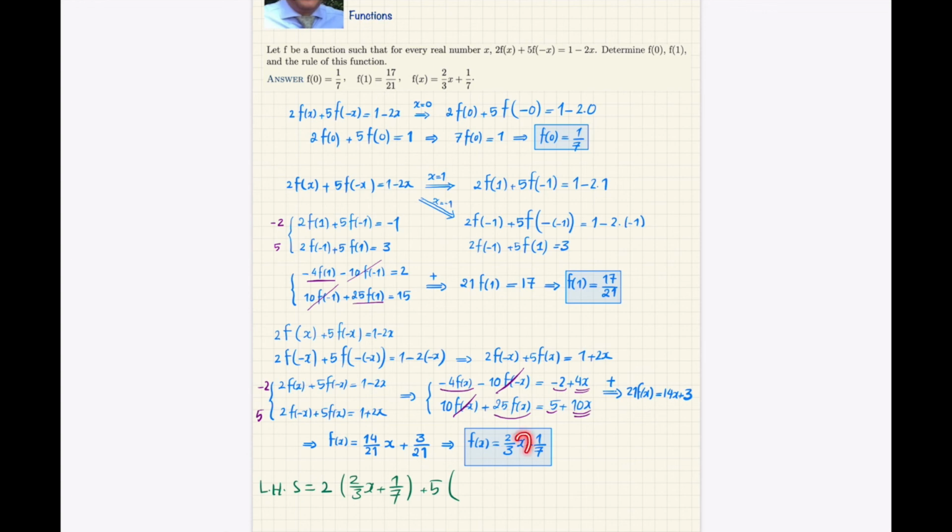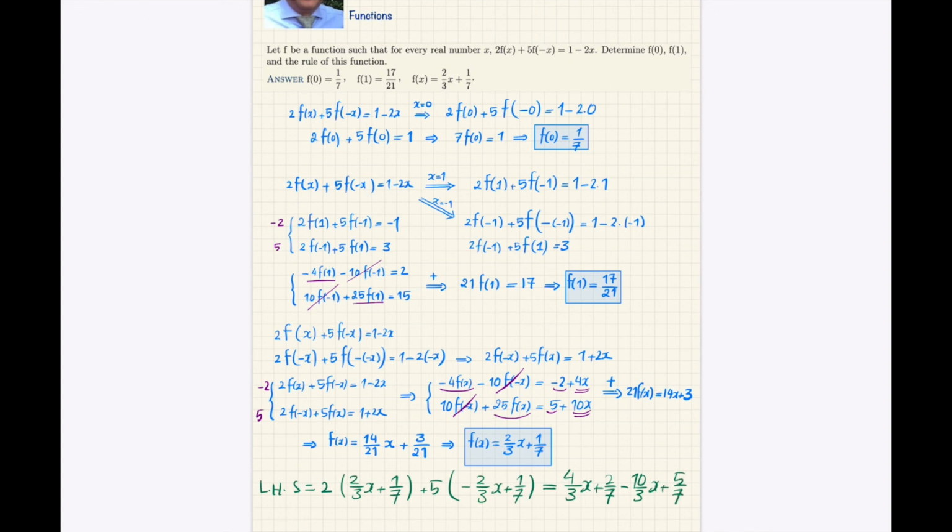So the function will put minus x instead of x here. So it becomes minus 2/3 of x plus 1 over 7. Let us simplify this expression. I multiply this 2 inside, I multiply this 5 inside. So this becomes 4 over 3x plus 2 over 7 minus 10 over 3x plus 5 over 7.